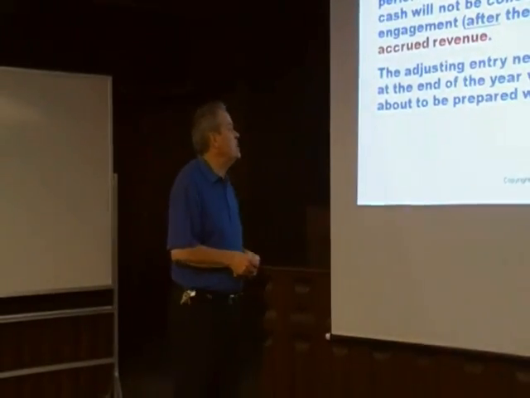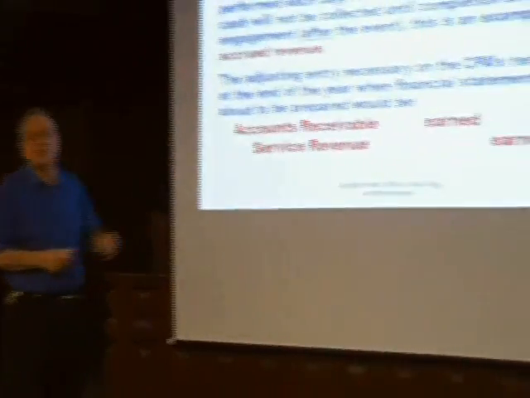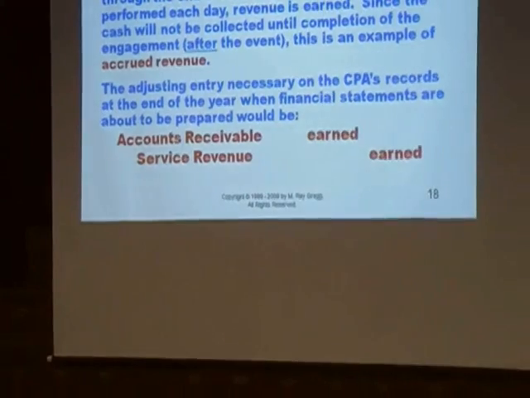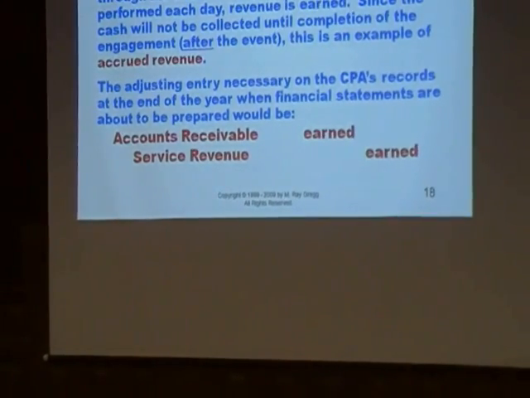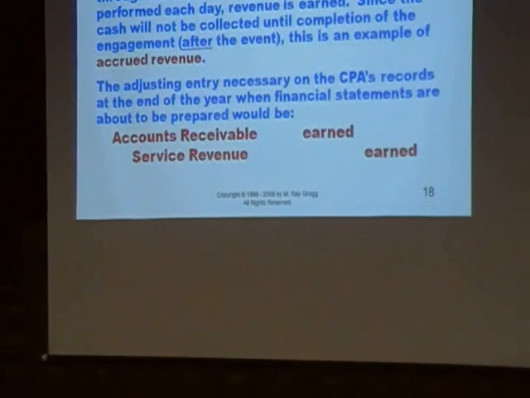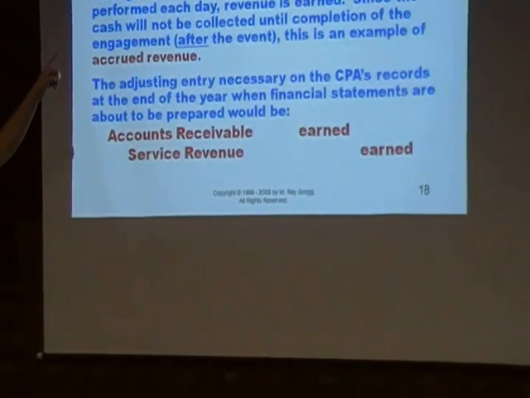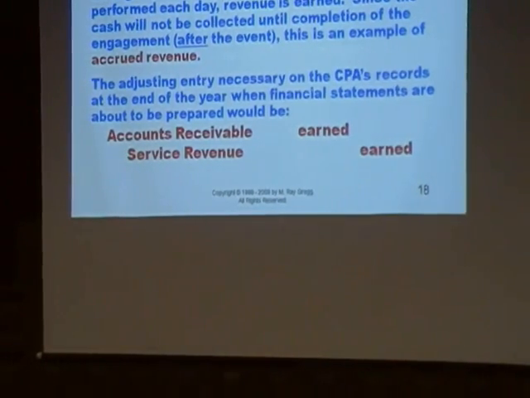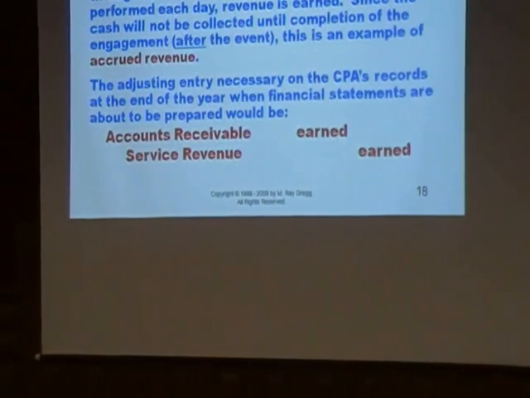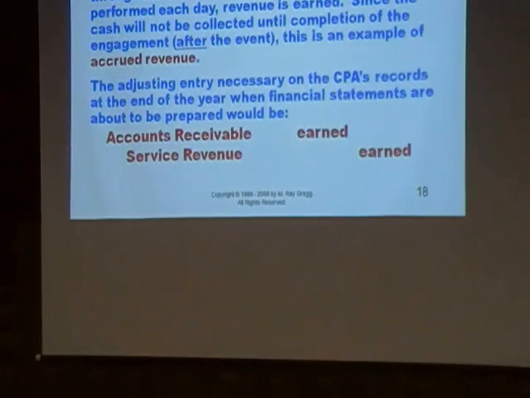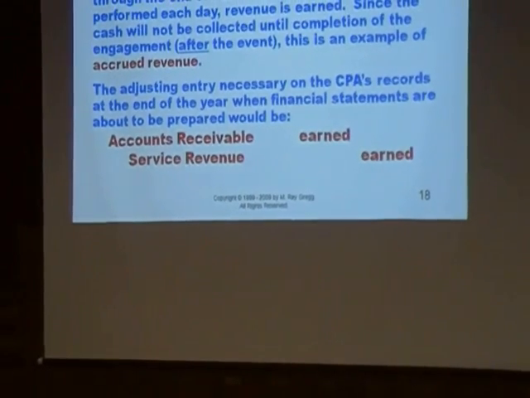We need to make an adjusting entry. And you've made an adjusting entry similar to this one. Debit accounts receivable and credit service revenue for the portion of the revenue that we've earned from the beginning of the engagement until the day the financial statement is being prepared. Accrued revenue. The only thing that's new about that is the term.